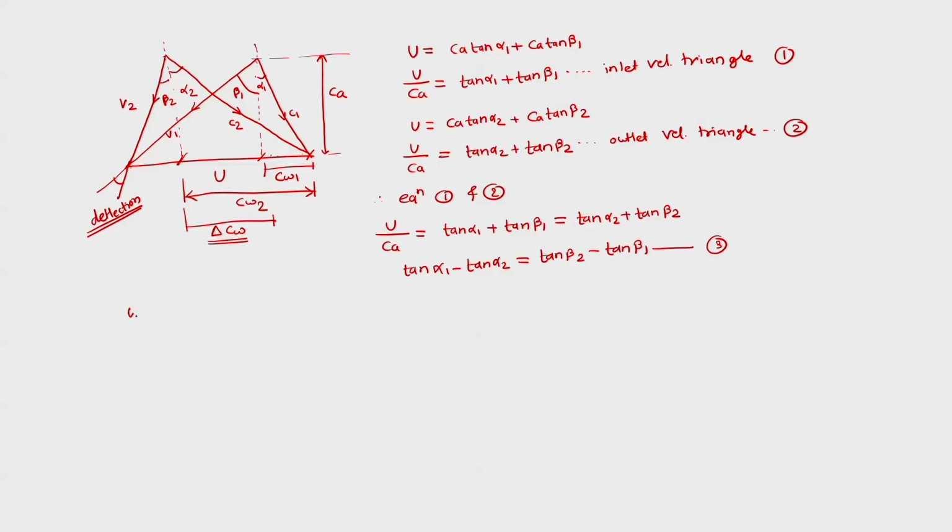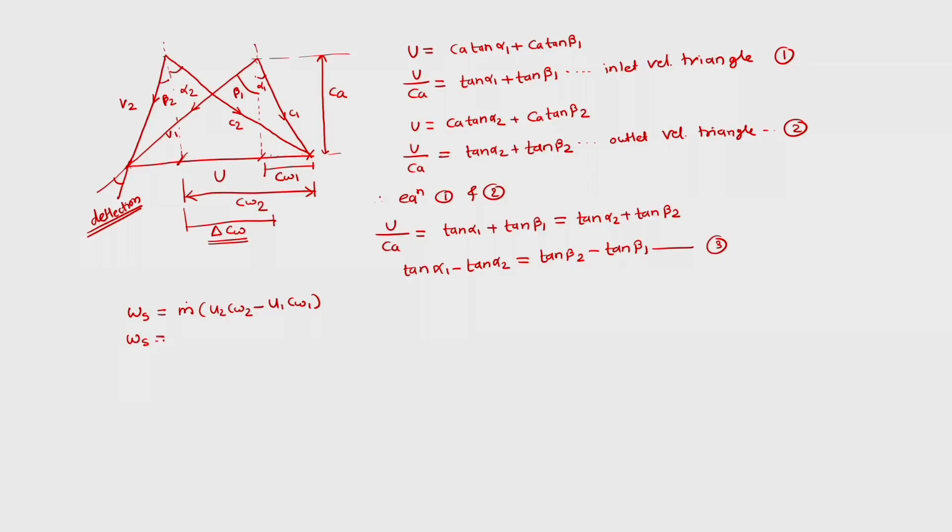So the stage work of a compressor, or shaft work requirement, is equal to m dot into U2 CW2 minus U1 CW1. We know this formula, this is the Euler turbine pump expression.